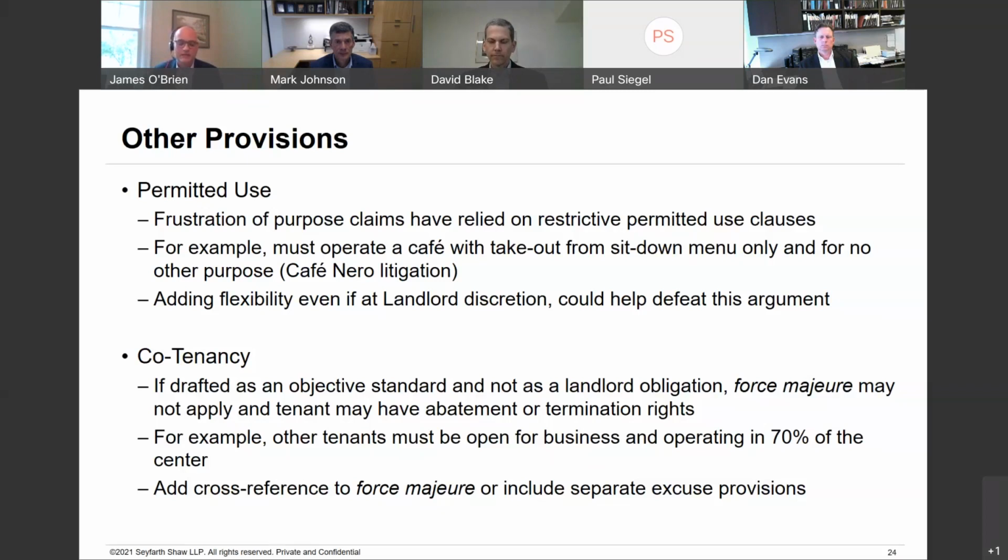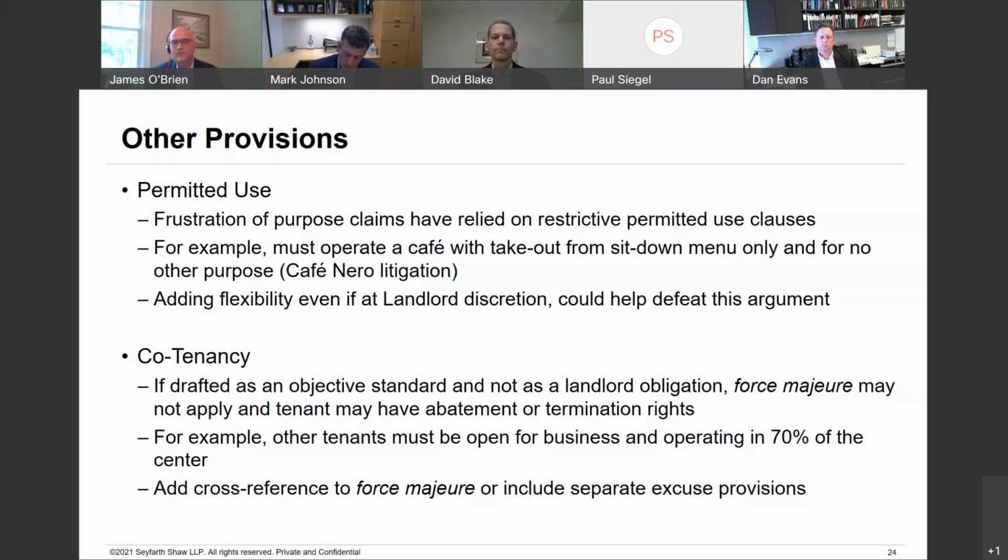It doesn't say if landlord has to use its commercially reasonable efforts to make sure that Target remains open. If that was the case, then the force majeure provision might be able to excuse the performance of the landlord, but that's not how they're usually drafted. They're more an objective standard. And these can allow tenants to close their businesses down, to get abatements of rent, to potentially terminate leases.